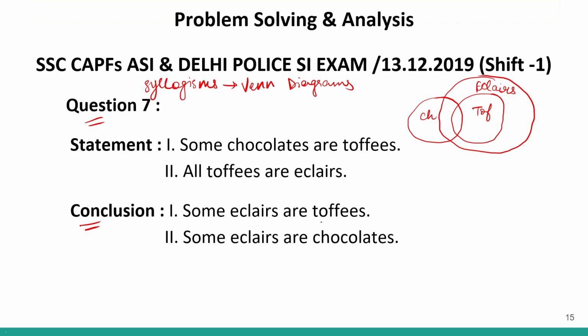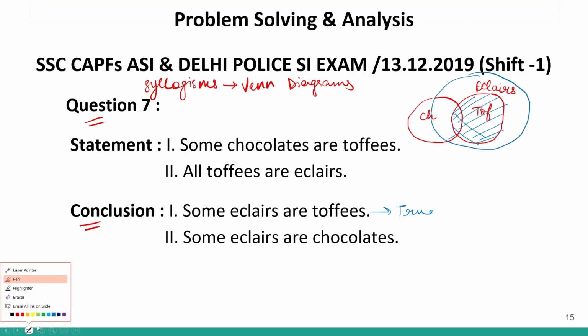Now, some eclairs are toffees. Conclusion number 1, some eclairs are toffees. Here you can see, if you look at this part, this is some eclairs which are toffees. So, this is true, correct. Now, some eclairs are chocolate. So, if you look at this part, this is eclairs, right?